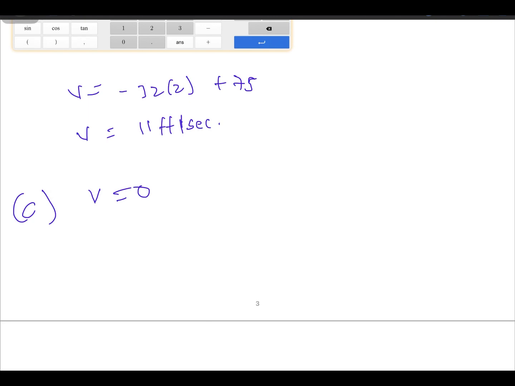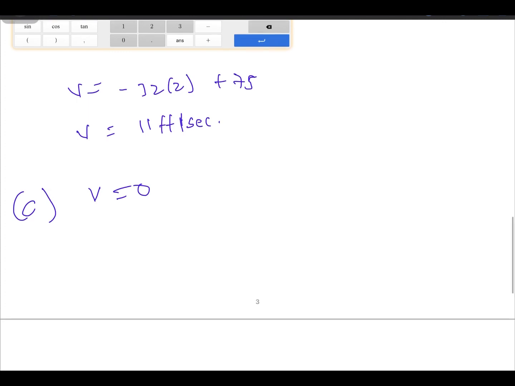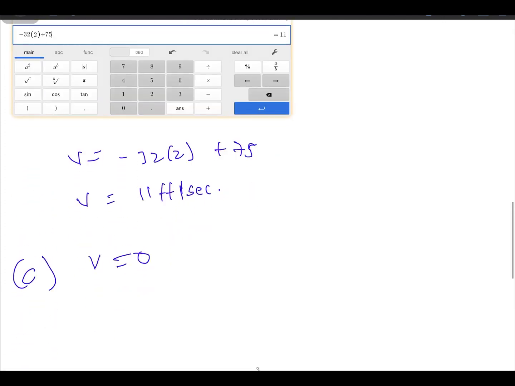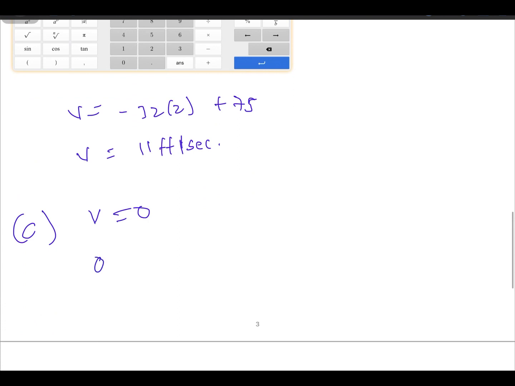Just take note, at the highest point of a projectile, where the projectile or any other object that you throw above will stop a while and then come down.